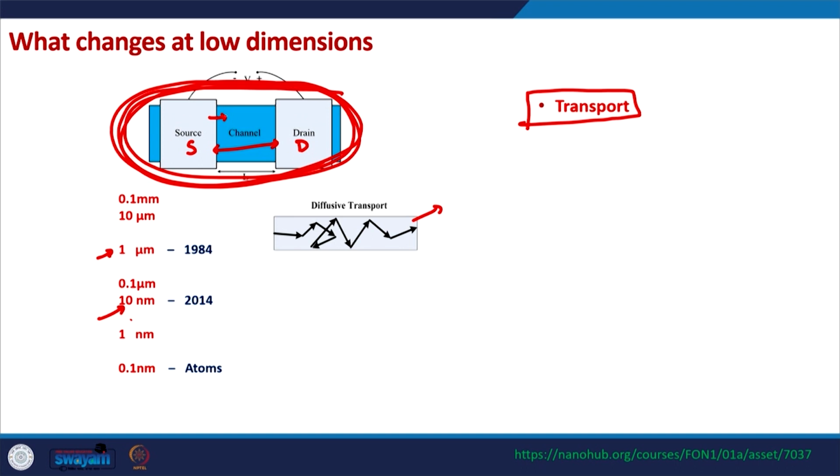So electron starts from the left side, it strikes one atom, maybe changes its direction, again strikes another atom, changes its direction, again strikes another atom, changes direction, and finally it may or may not reach the right side of the device.